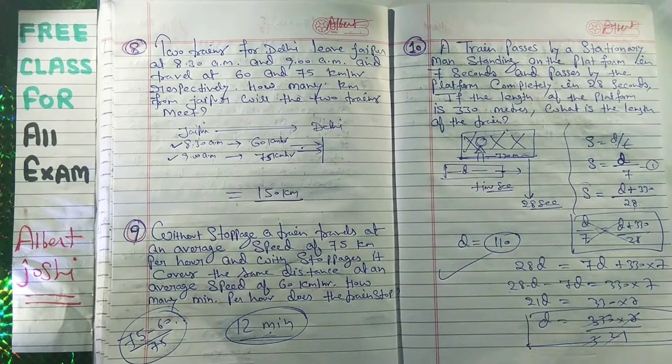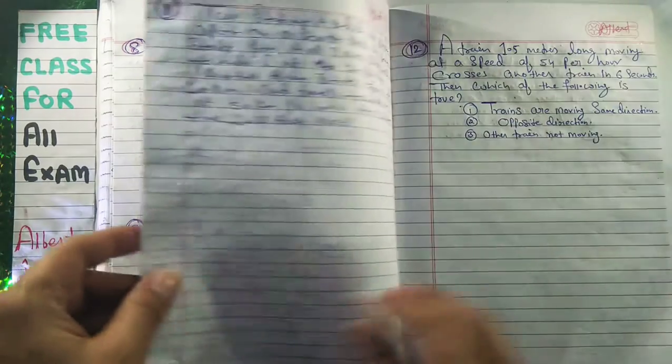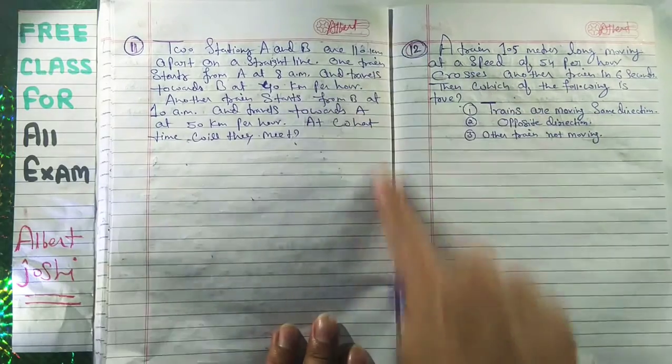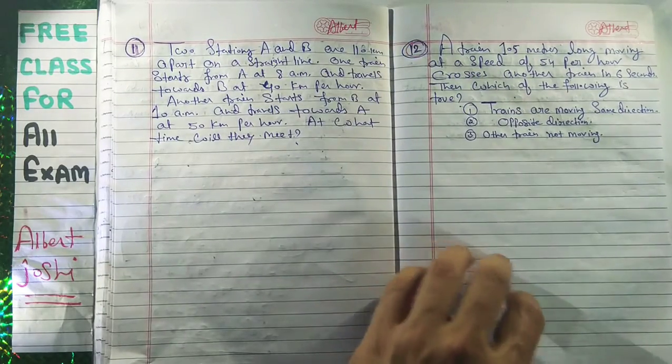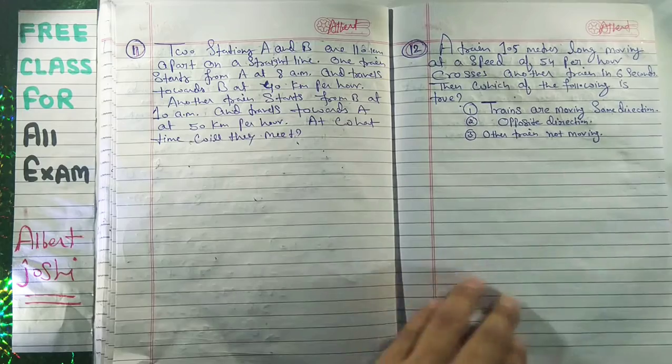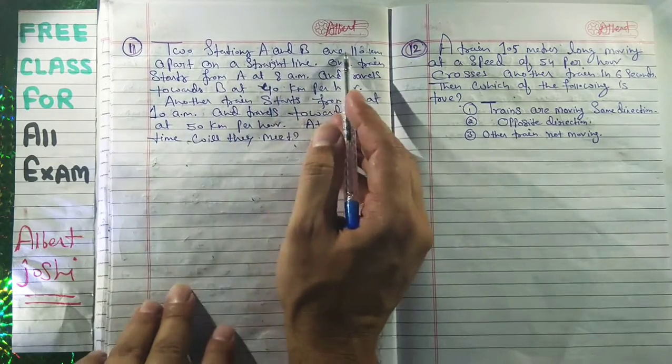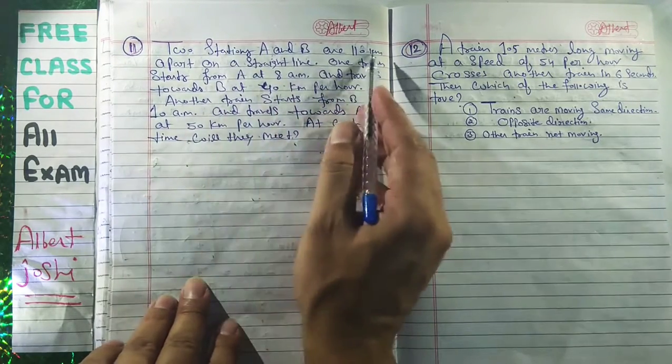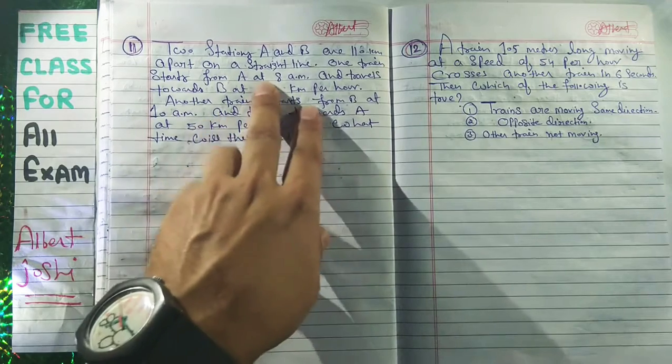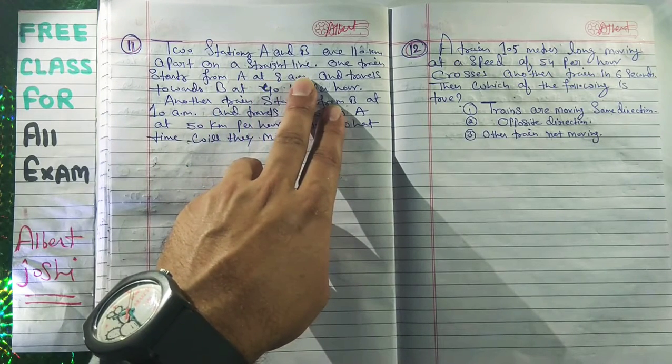Very simple. Now the next question, a very interesting question. In this question, two trains A and B are 110 km apart on a straight line.